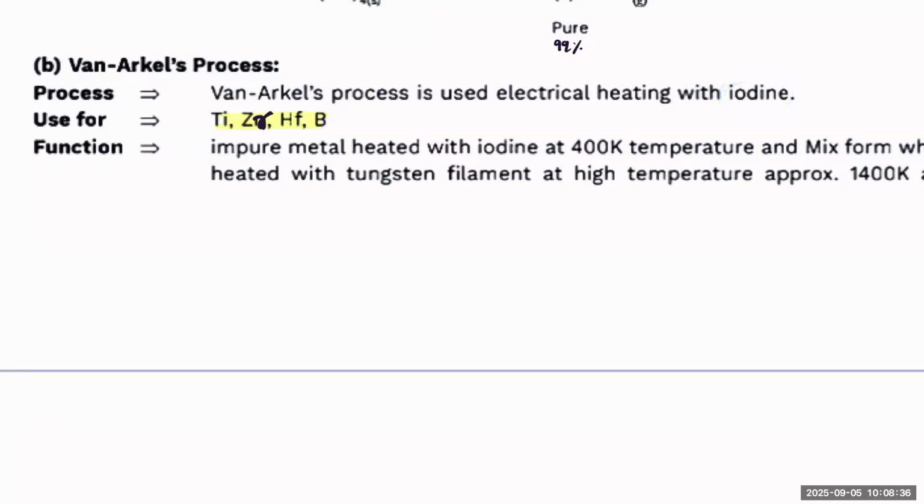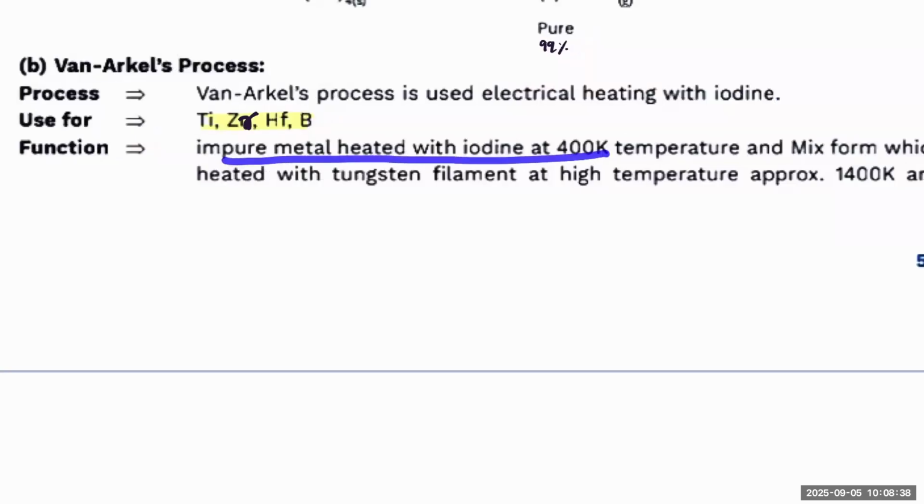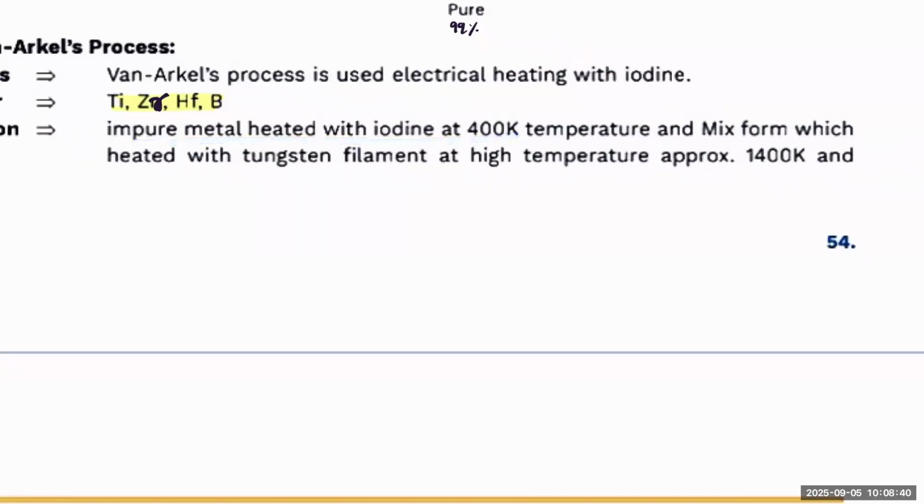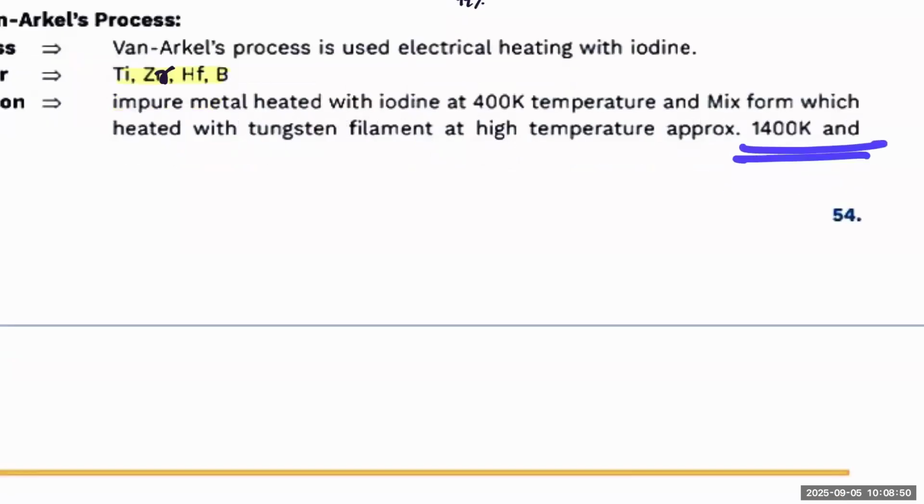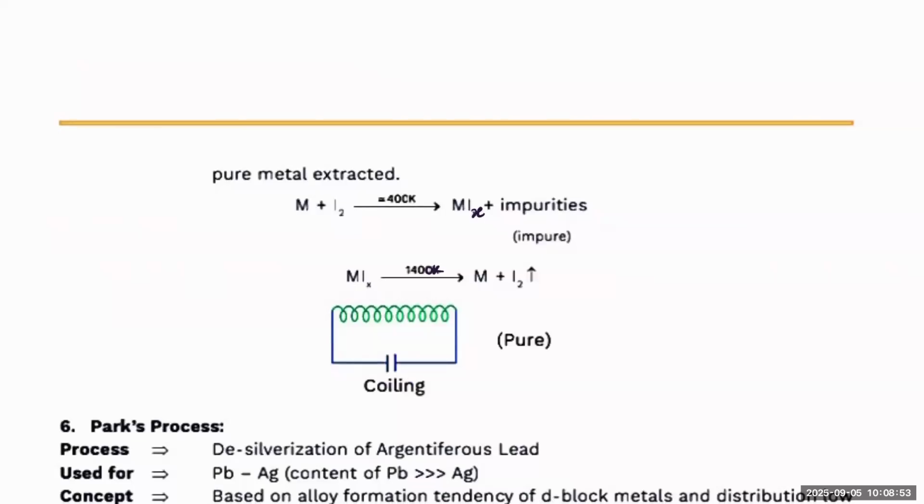Impure metal is heated with iodine at 400 kelvins, and the resulting compound is heated with a tungsten filament at even higher temperature, up to 1400, and then the metal is extracted. So same logic: metal plus I2 at around 400 kelvins gives you metal iodide plus impurities, and this metal iodide on strongly heating around 1400 kelvins gives you metal plus iodine.